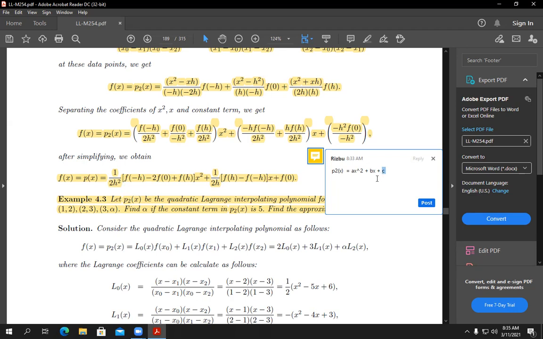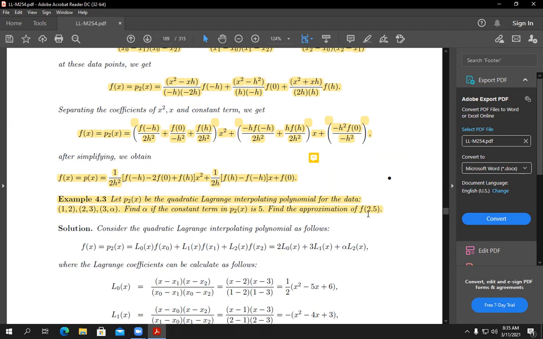And then what is given? The constant term, meaning c, equals 5. And then you will find the unknown, because the unknown here is alpha. Agree?